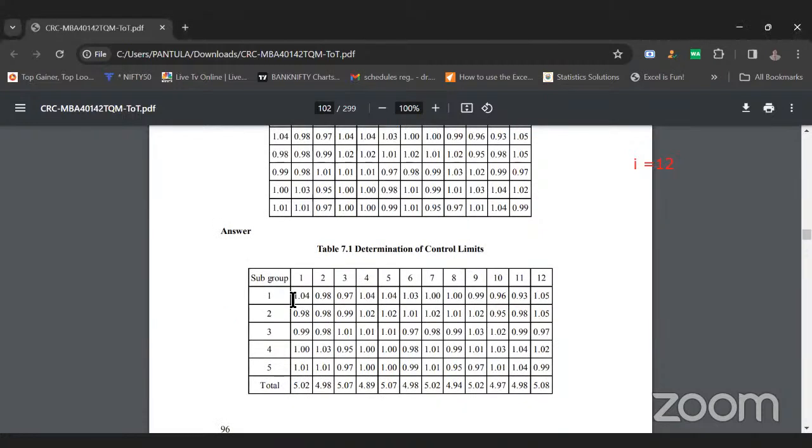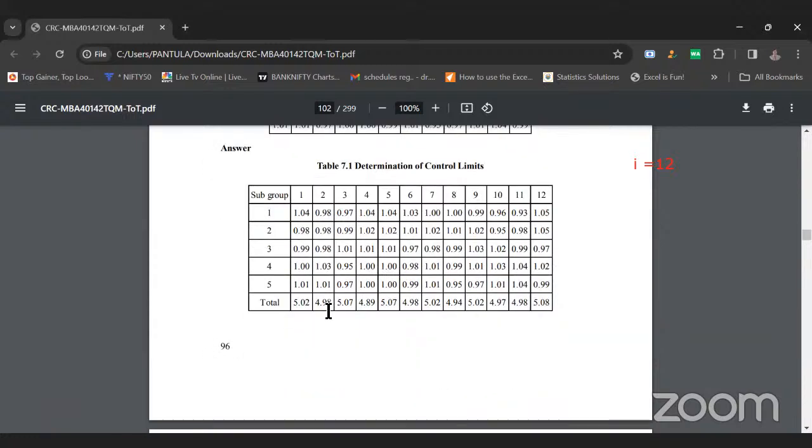You can total it and get 1.04, 1.98 as it is, then 5.02 and 4.98. So totaling is the first step we have to follow.